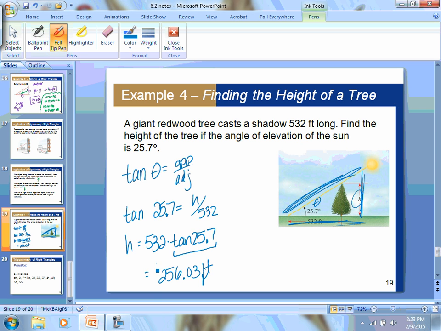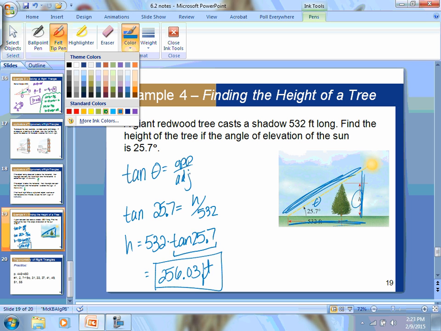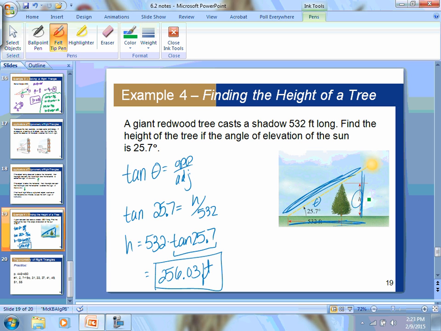Okay. Now that's how you find a side length. Remember, if you're trying to find an angle, like if they had told you what the height was, but hadn't told you the angle, you would be finding the tangent of some angle, let's just call it A, would be the opposite over the adjacent, let's round, 256 over 532.